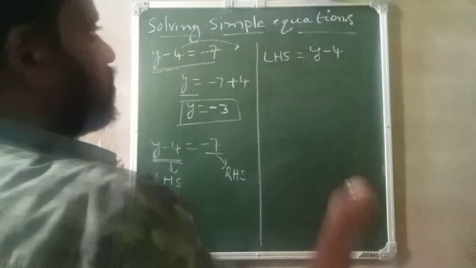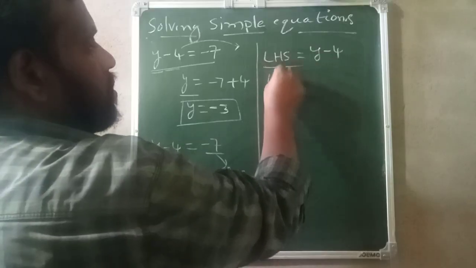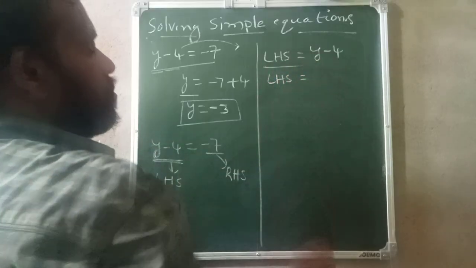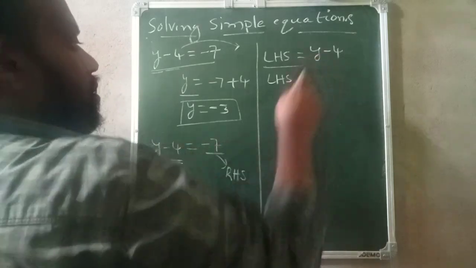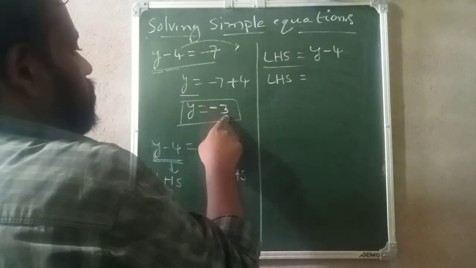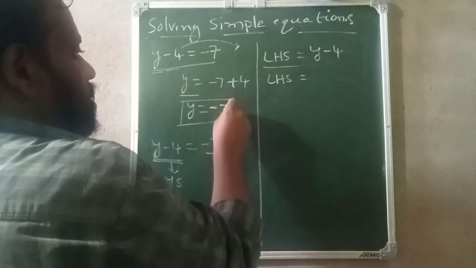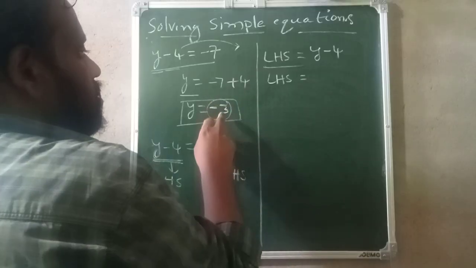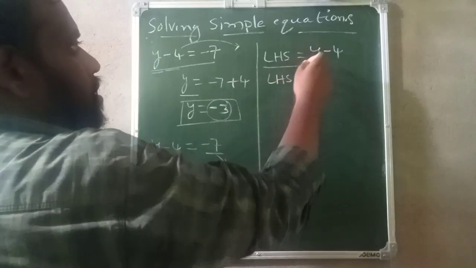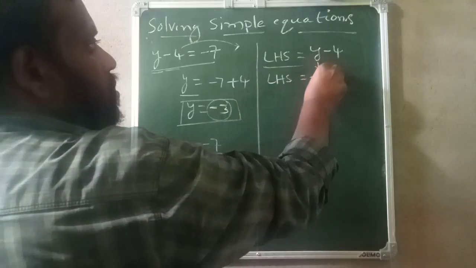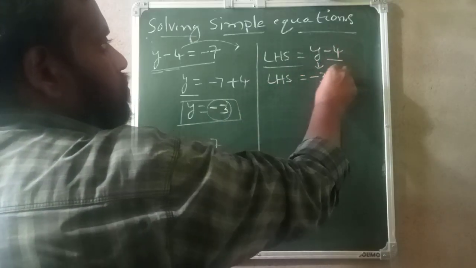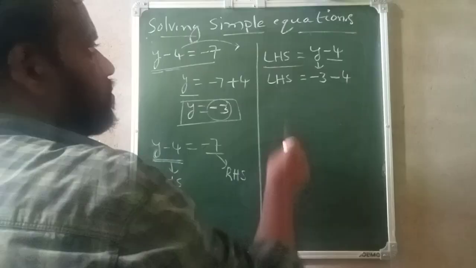Next step, write the same LHS is equal to, now we have to substitute the value for y. So we have y is equal to minus 3. The value of y is minus 3. This minus 3 I am going to write in place of y. So in place of y, minus 3. Minus 4 write as it is.